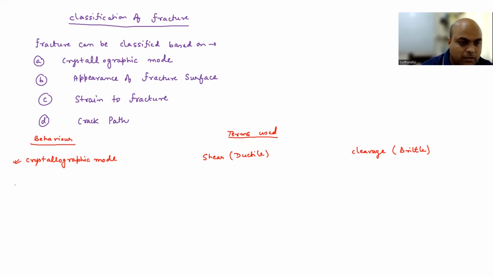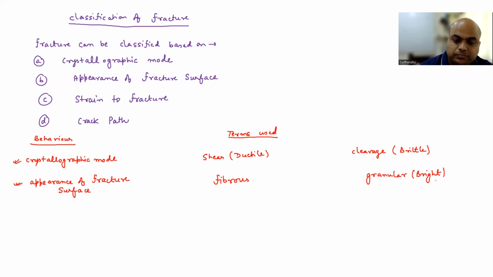Okay. Now the second one is appearance of fracture surface. So it can be fibrous or it can be granular and bright.